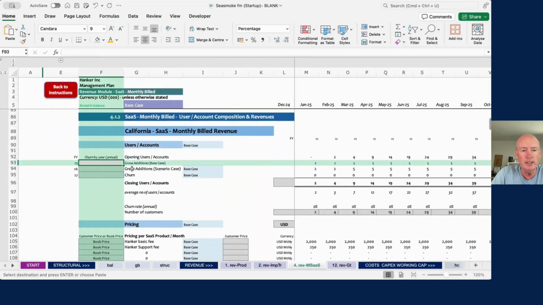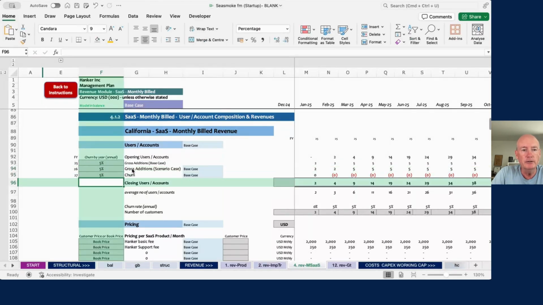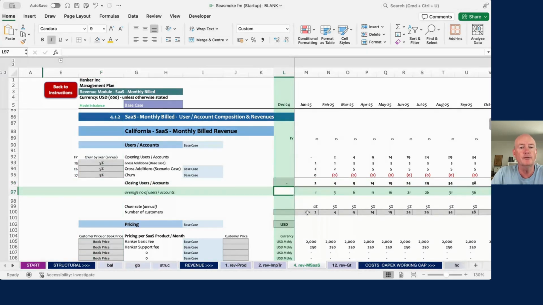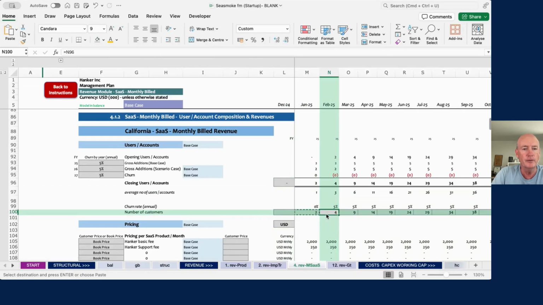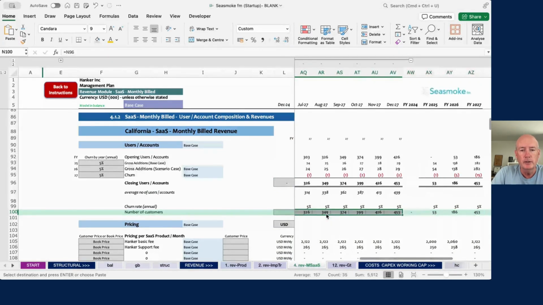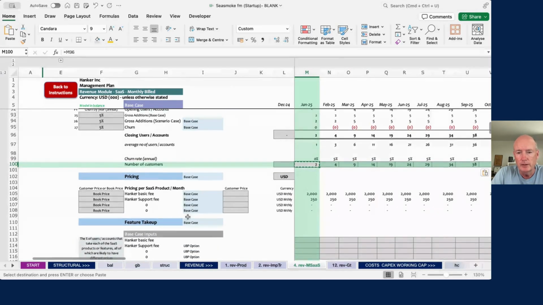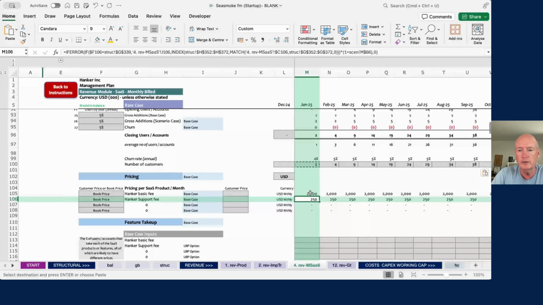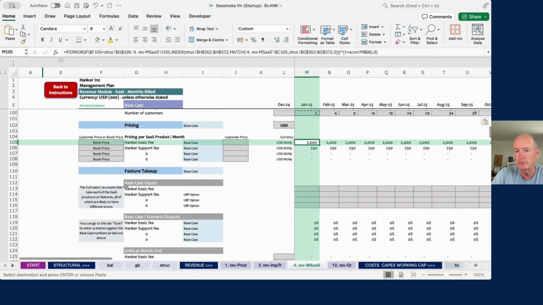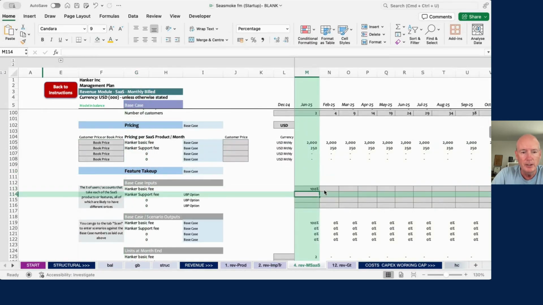So if we come down here, SaaS monthly bills, California. So there you go. It's the California one that we're doing. We're going to say it's 5% churn per year. There's no opening balance. The number of customers is basically whatever we've got here because it's not really classic SaaS with users and customers in the same number.